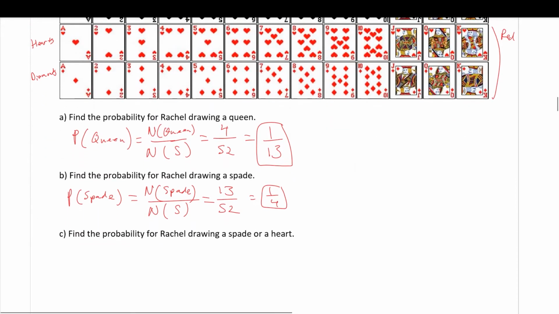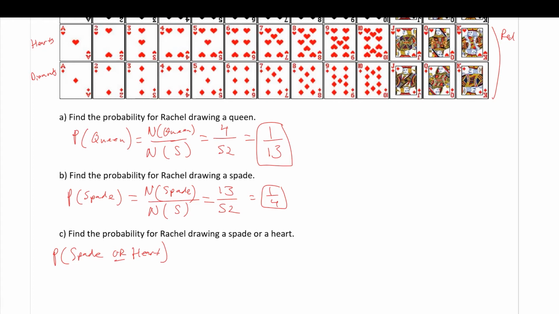All right, let's keep going. Find the probability for Rachel drawing a spade or a heart. Spade or a heart. Okay. So probability of spade or heart. For these OR probabilities, just like before, we had 2 situations, whether these 2 events are disjoint or not disjoint.